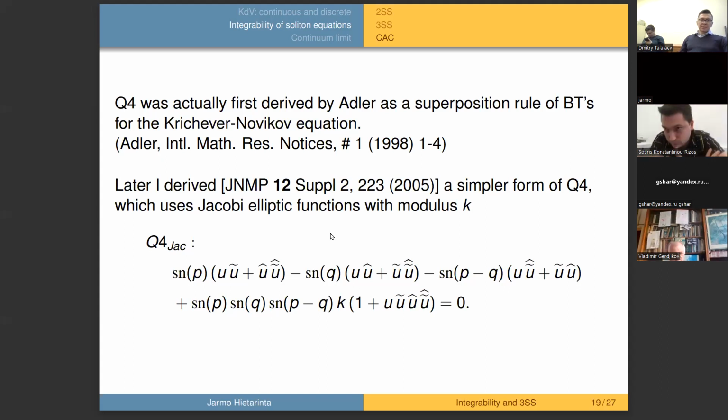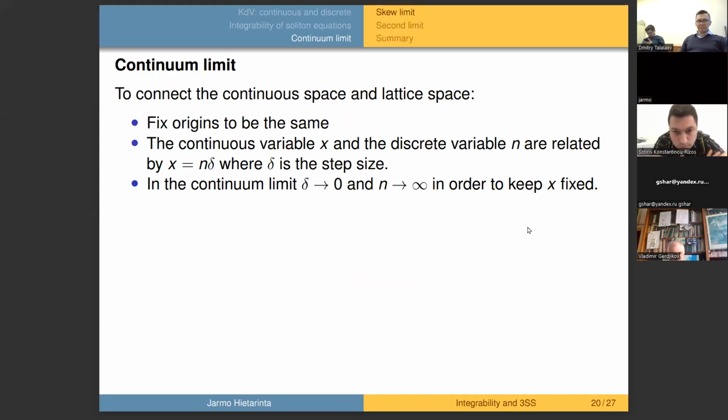But now let's start again from this KdV superposition principle or lattice equation. Now I want to take a continuum limit of this equation.